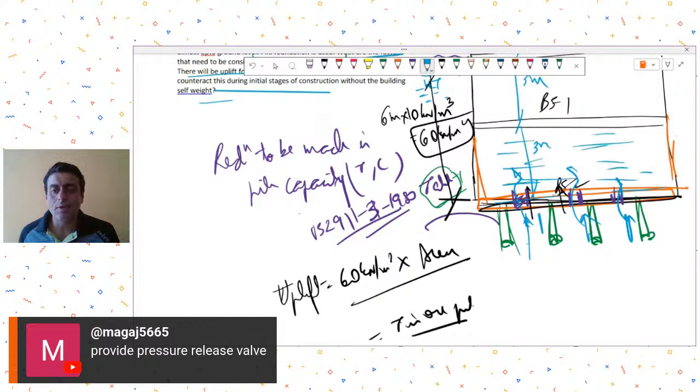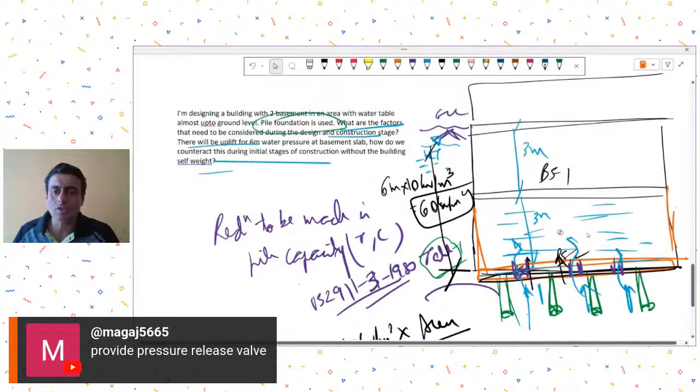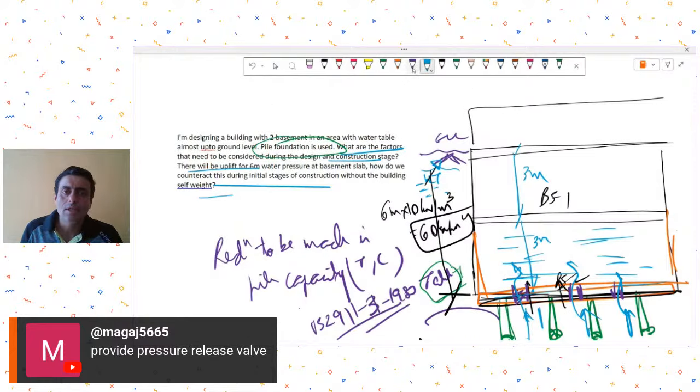So deliberately you have left these openings to allow the water to come in, thereby releasing the pressure, and it will just occupy that space. Your basement will be filled with water, yes, but during construction you do not need that basement to be used, right? So this is one of the ways, and then you can pump that water out. You do the dewatering when required. This can be one of the options.